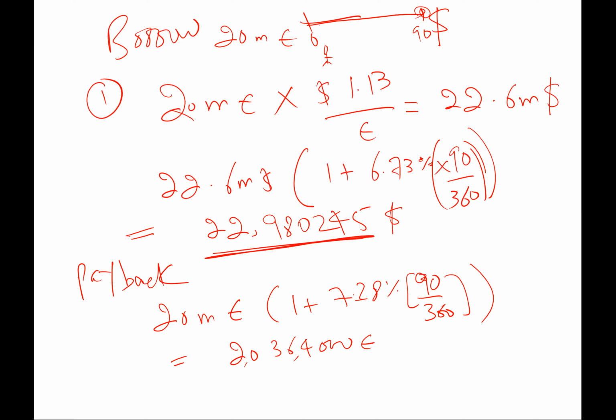But that's euro, right? So payback after 90 days. Because you need to find the dollar profit, this much you will pay back to the European bank. But what is the cost of this euro in dollars at that time? The rate would be $1.1 per euro.